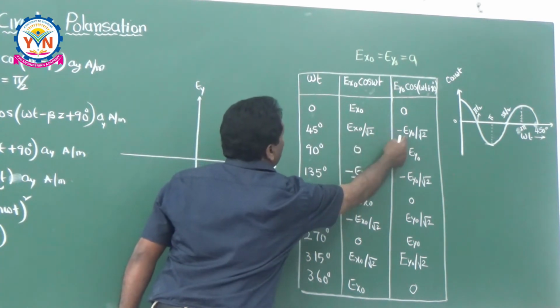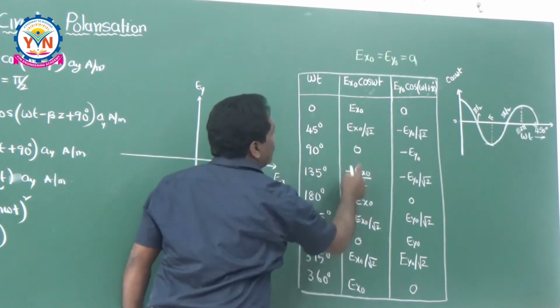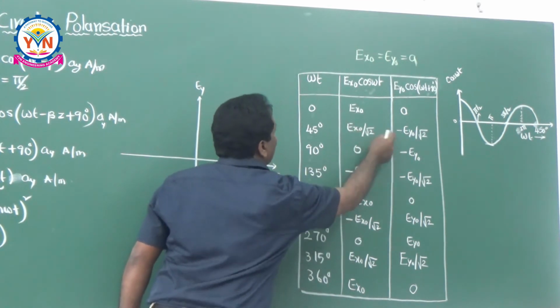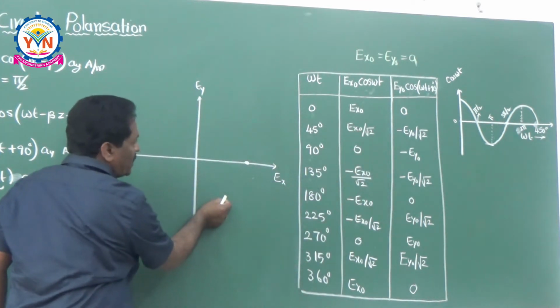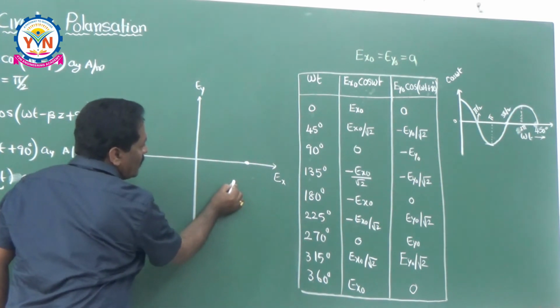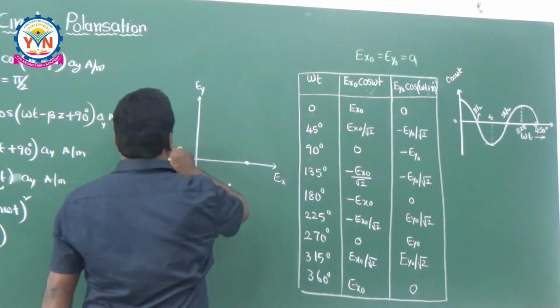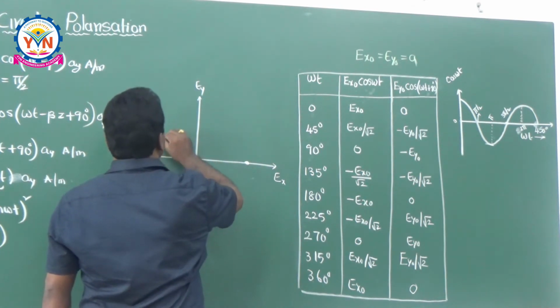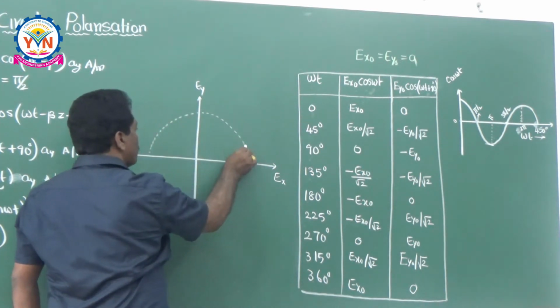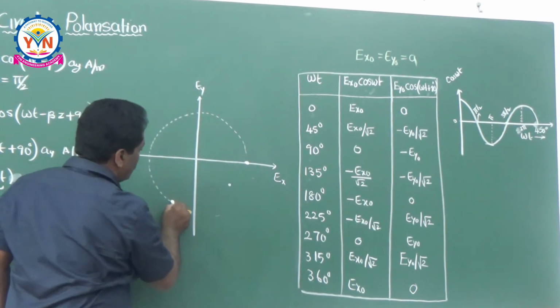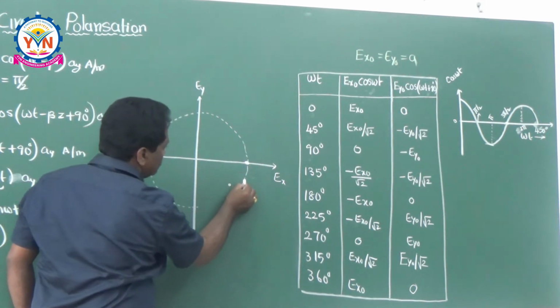But Ex naught is equal to Ey naught is equal to Ea, same thing. Since it is plus and minus, this is the fourth quadrant, right? So that's why we try to draw the circle here. This is the way of drawing the circle.